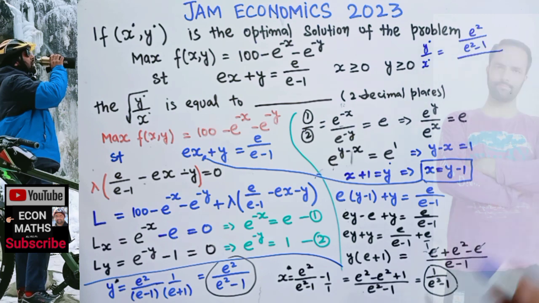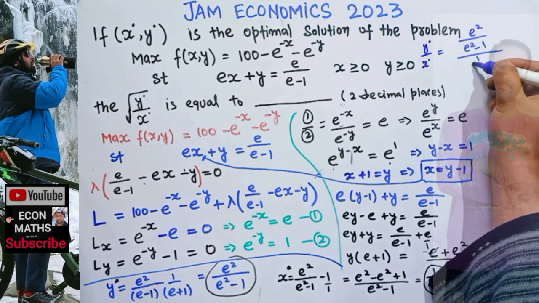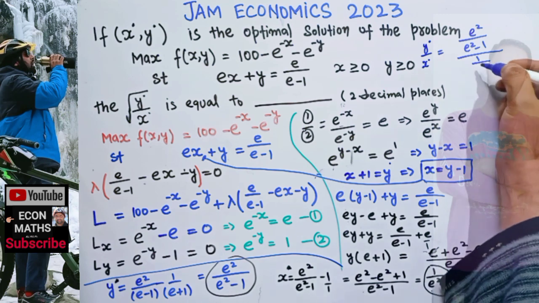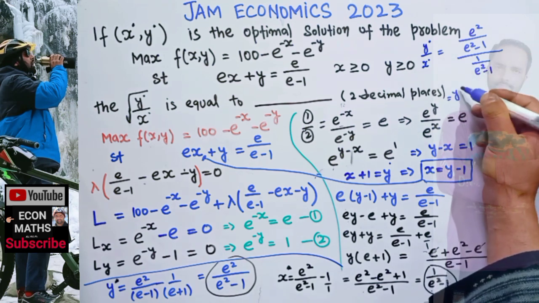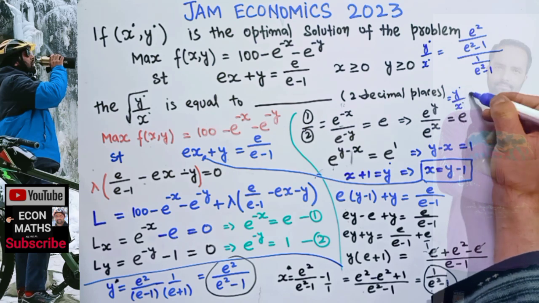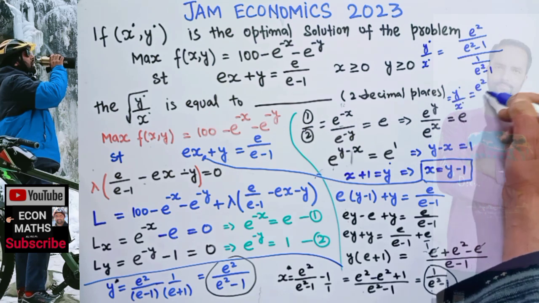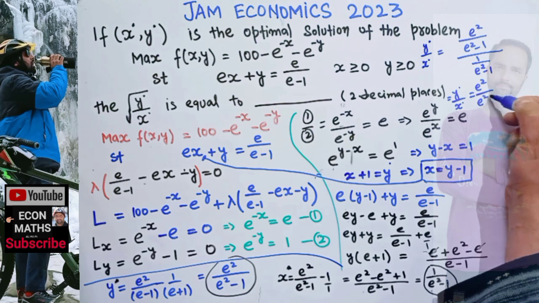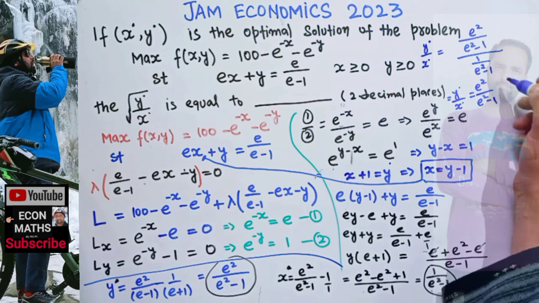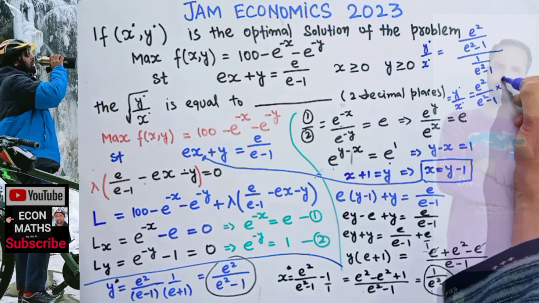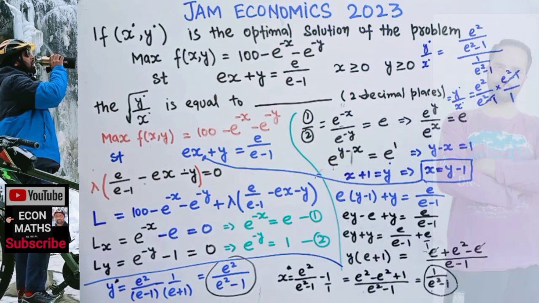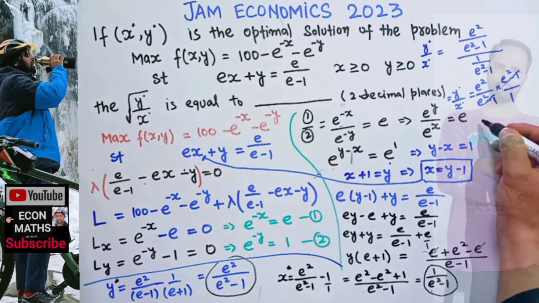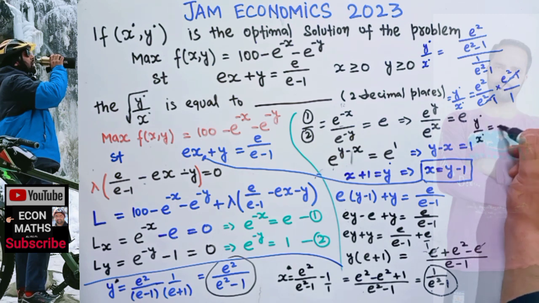To this we divide x star, which is 1 divided by e square minus 1, which implies our y star upon x star will be equal to e square divided by e square minus 1. Transposing this, it will get multiplied and reciprocated. So e square minus 1 divided by 1. This and this gets cancelled. That means our y star upon x star came out to be e square.